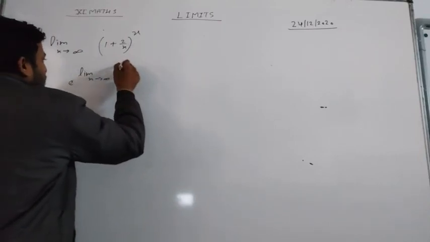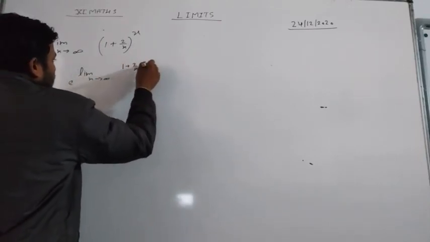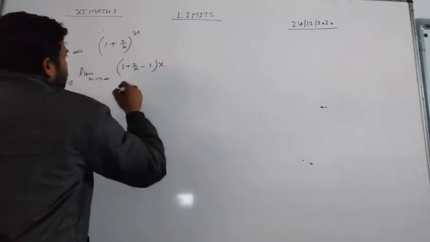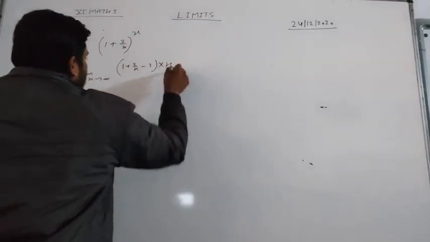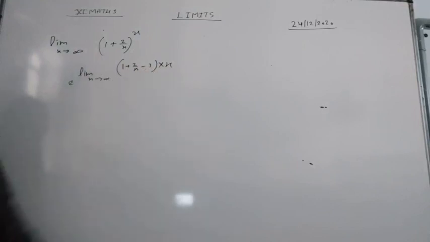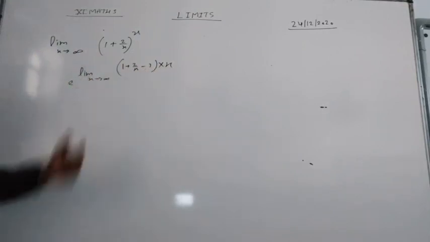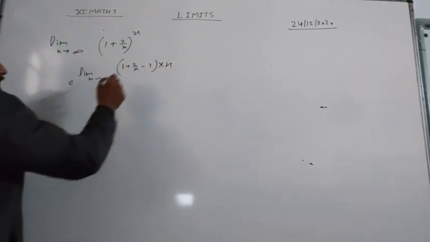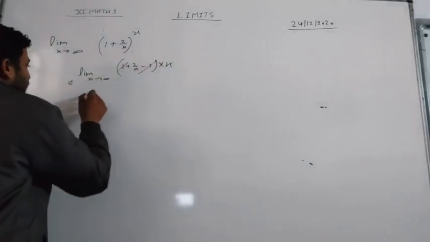So we write (f(x) minus 1) into g(x), that is 1 plus 2 by x minus 1 into this term g(x). Okay, f(x) minus 1 into g(x), and here we write e to the power. So we change this into this form.